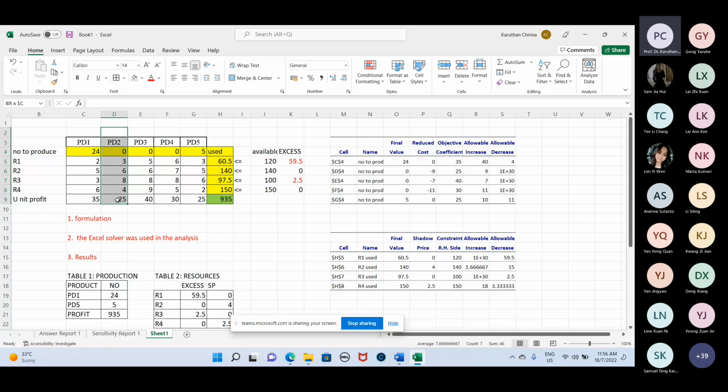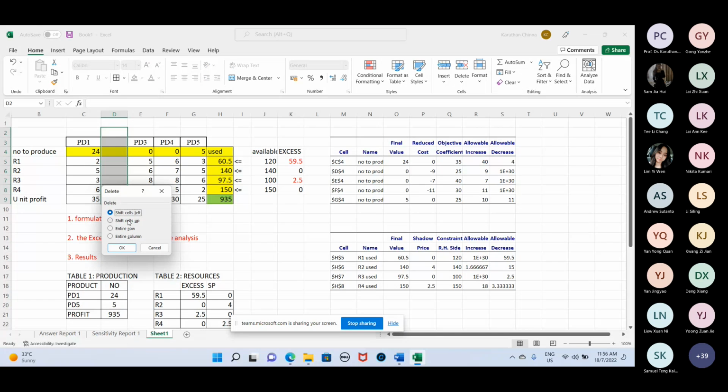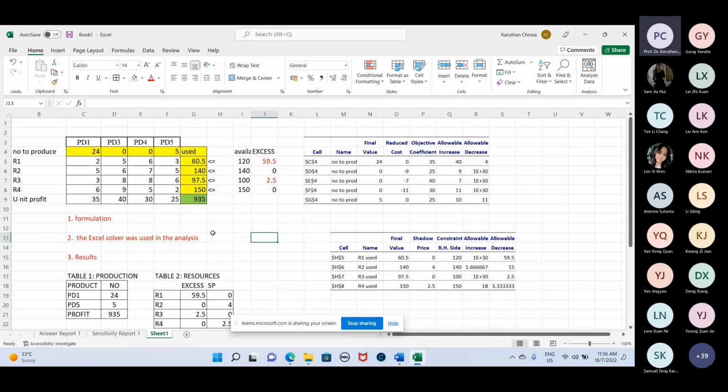Isn't it? So just drop it and rerun the analysis. Okay, so I'm going to drop this. Everything is intact. So rerun the analysis.